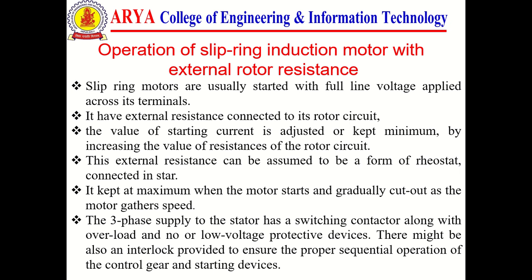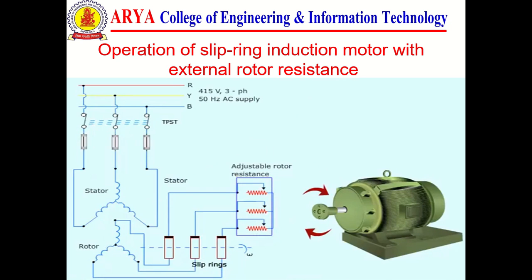Now come to the next slide. From this circuit diagram, for this arrangement of the slip ring induction motor, you can easily understand the operation of the slip ring induction motor with the use of external rotor resistance.